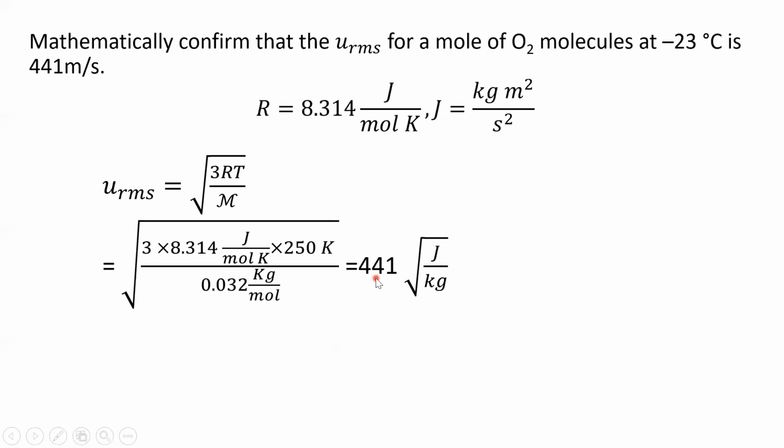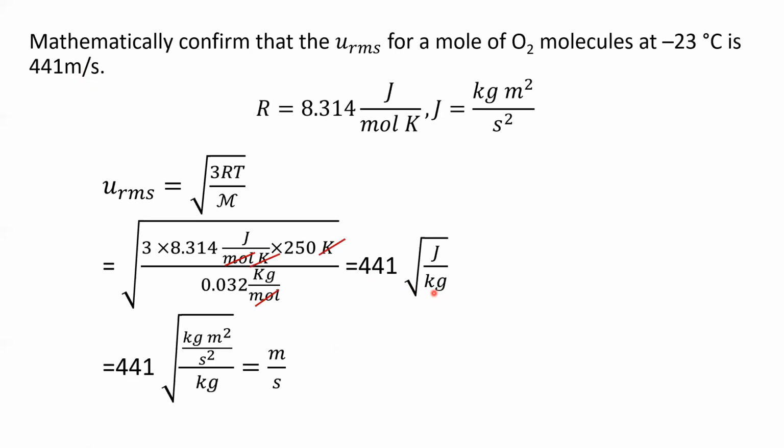You're like, okay, well, that's the number we were trying to find. But where do the meters per second come from? The units are square root of joules per kilogram. So let's look at the units for a second. Moles cancel out. Kelvin cancels out. A joule is really kilogram meters squared per second squared.